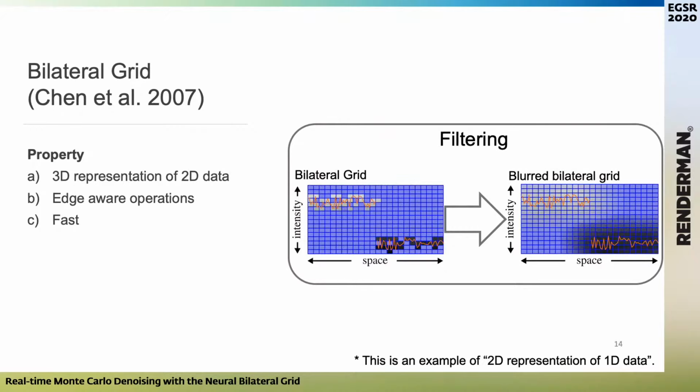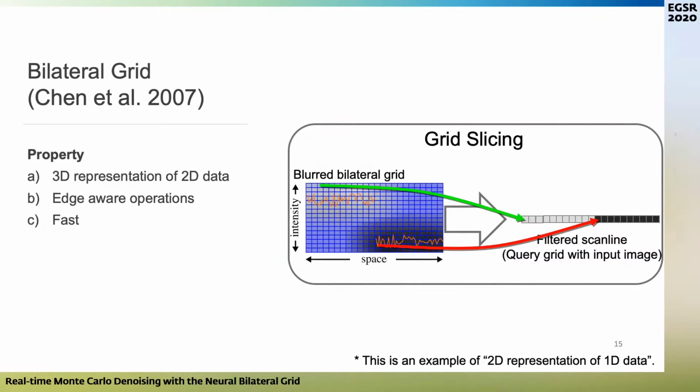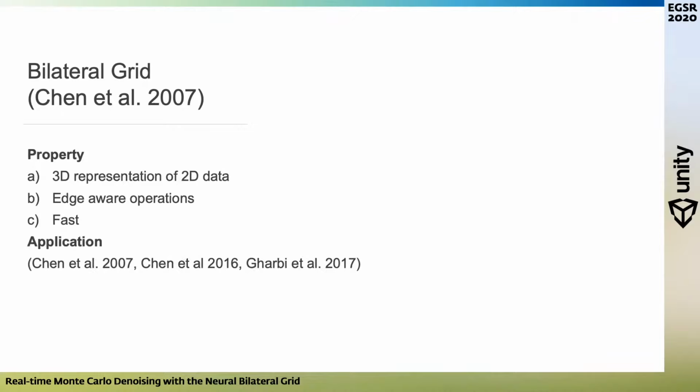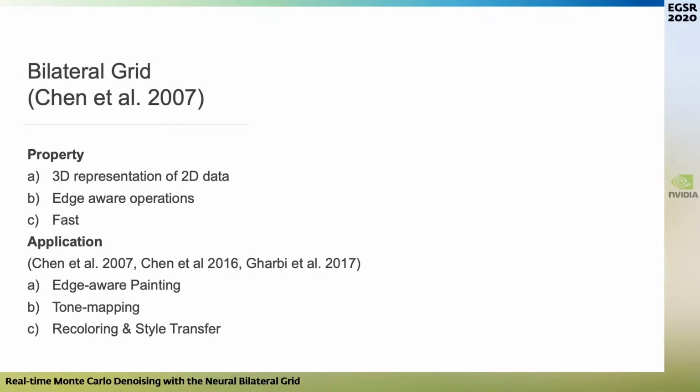We can design algorithms that naturally respect strong edges in an image. By the operation of grid slicing, we can map the filtered pixels from the bilateral grid to the image. The bilateral grid has demonstrated efficiency in edge-aware painting, tone mapping, recoloring, and style transfer.